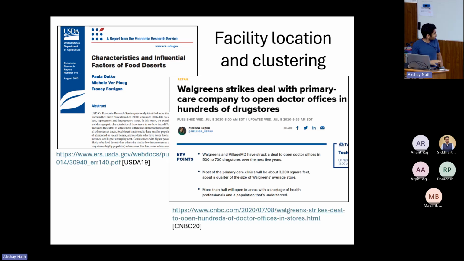And here's another one about medical facilities, which is about drugstores in the US. And so the question is, all right, so there's a problem in the placement of facilities, but what can we do about it? So of course, as computer scientists, we might want to make things fairer and recommend that, all right, like open facilities here and everything's going to be fine.